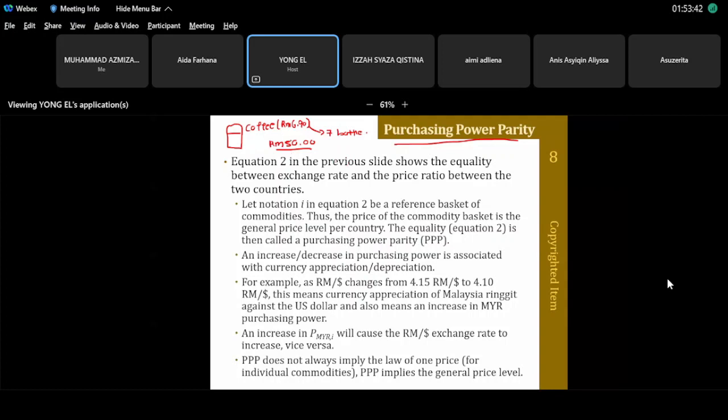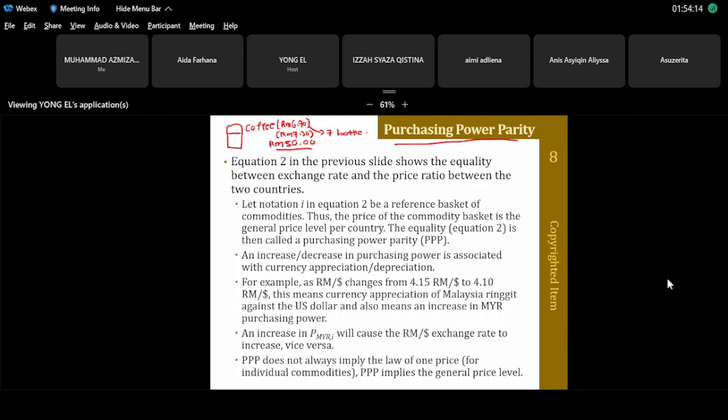Now, let's say the price of coffee increases, like what we are experiencing at the moment. Previously, the price of coffee for this bottle was 6 ringgit 90 cent. Now it has increased to 7 ringgit 30 cent. How many bottles can you buy with this 50 ringgit? Six, I believe.